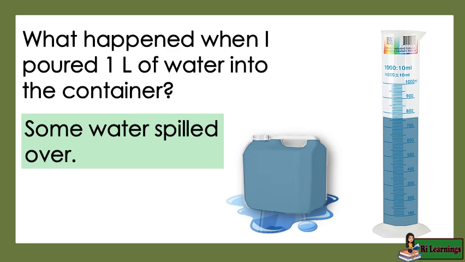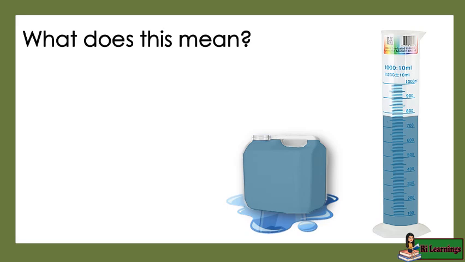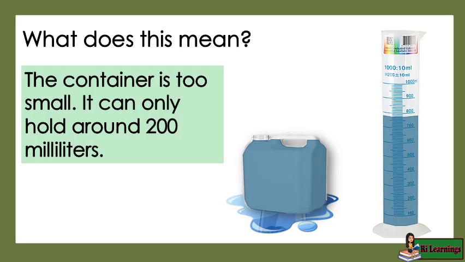Some water spilled over. What does this mean? The container is too small. It can only hold around 200 milliliters. But we tried to put 1000 milliliters in it. That's much more than its capacity.